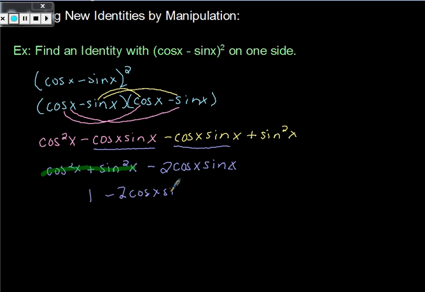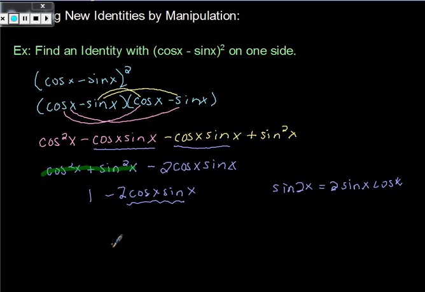Nice little baby steps. Okay, so now I'm going to look and see if I recognize anything else that relates to any other formulas we know. Well, 2 cosine of x sine of x, that's the formula for the sine of 2x, because if we go off to the side here and remind ourselves, the sine of 2x formula, sine of the double angle, is equal to 2 sine of x cosine of x, which is the same thing that we have over here.